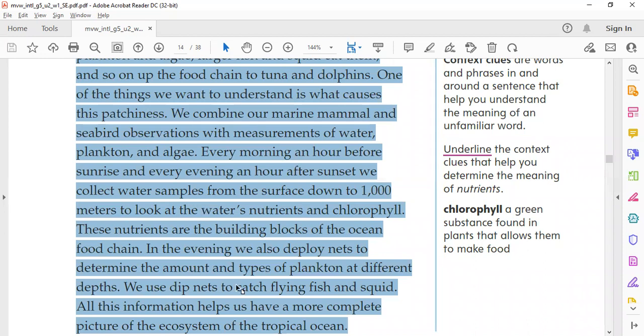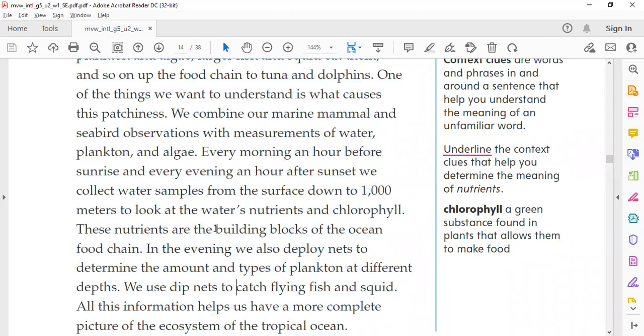Very good, the food chain. So these nutrients are the building blocks of the ocean's food chain, right? So I know nutrition because it says here, these nutrients are the building blocks of the ocean food chain. Very good, Muhammad. Thank you.